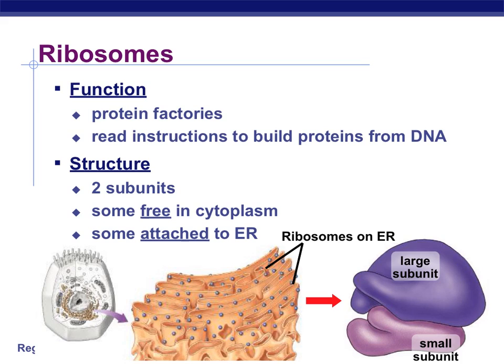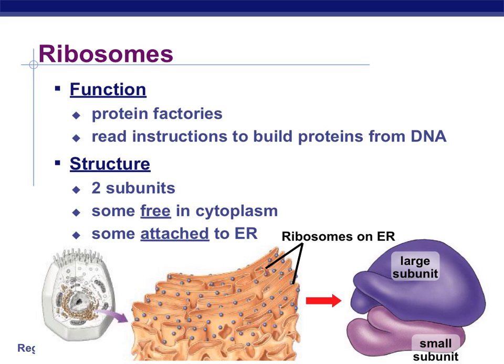Ribosomes have the function of being the protein factories, where proteins are actually put together. The instructions that come from the original blueprint, the DNA molecules, are actually going to be put together as finished proteins, whatever those proteins may be and however they may function. They may be enzymes or they may be structural proteins.